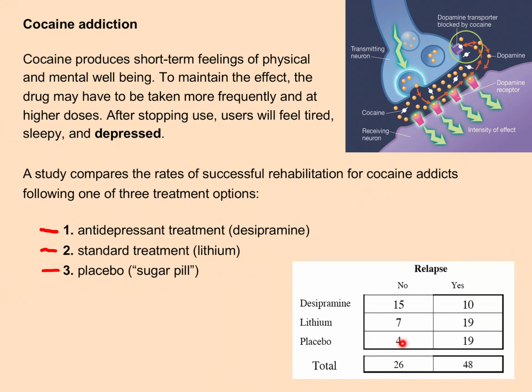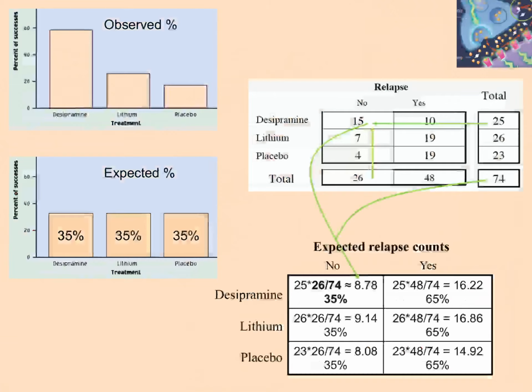For placebo, of the 23 that took it, we had 4 that did not relapse, 19 that did. All right. So we had a total then of 26 across our entire study who did not relapse and 48 that did.